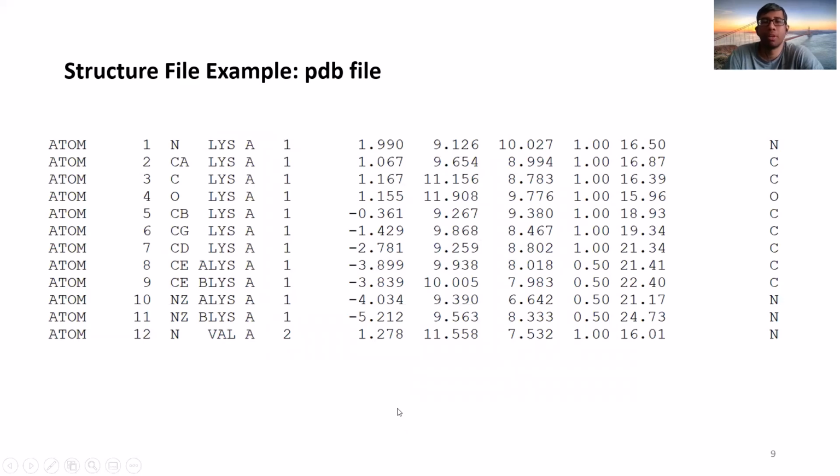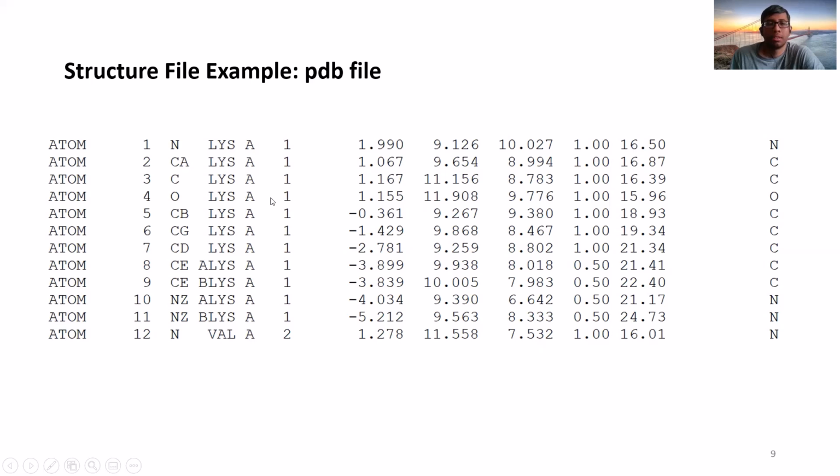If it comes to a PDB file, let's say for a protein, this is an extract from a protein PDB file. You can see that it will show so much information. For example, it will show the indexes of the atoms. You can see that there are 12 atoms here. It will show there are nitrogen, carbon, oxygen, what kind of carbons and nitrogens there are, and what residue they belong to, for example lysine, for example valine, and which chain and residue they belong to.